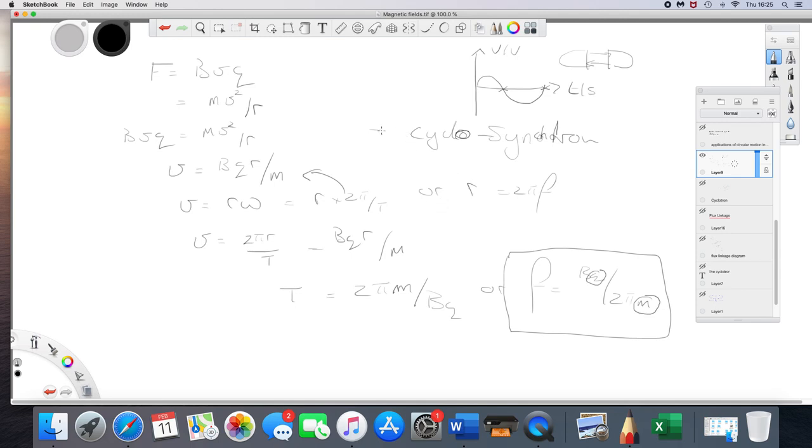We don't get into this, but this is the reason why there is a limit to the energy of the proton.